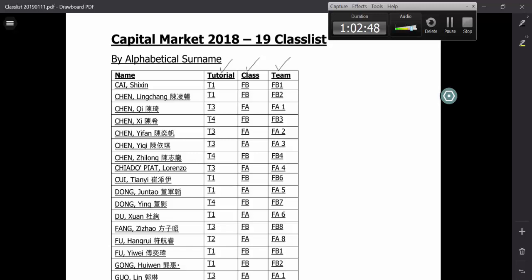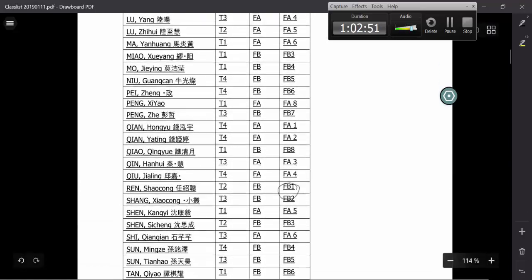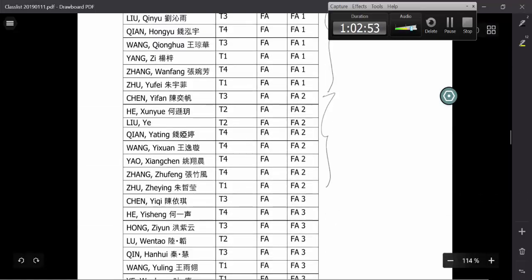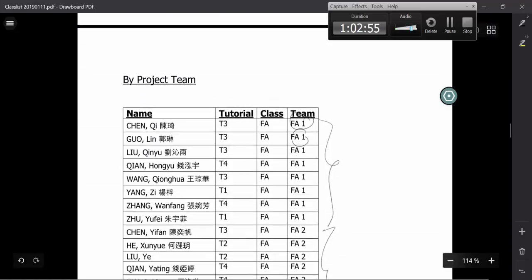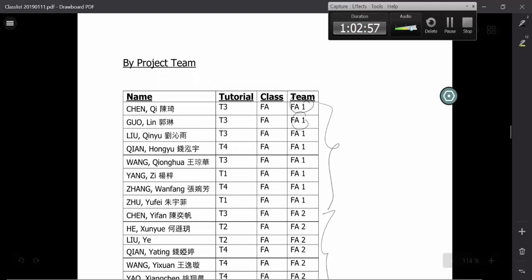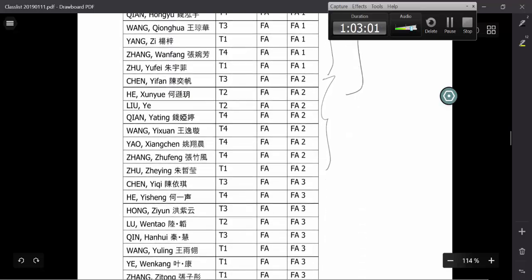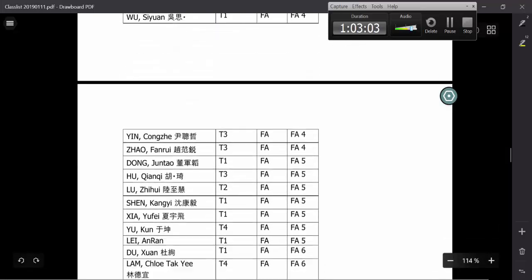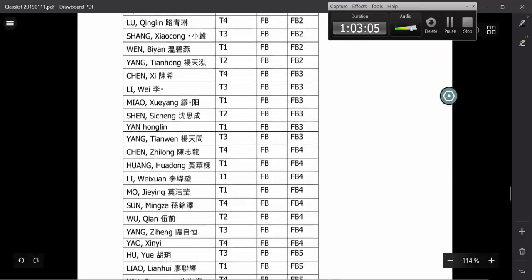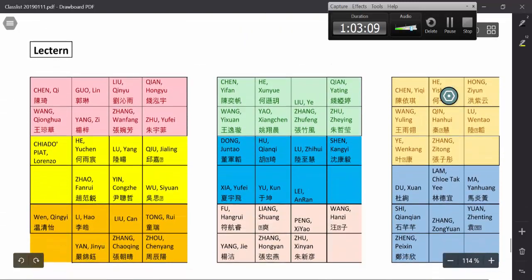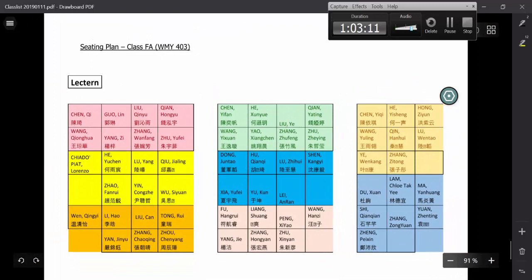So this is by alphabetical. If you scroll forward to page 4, I have resorted it by project team, FA1, FA2, FA3, and if you scroll forward a little bit more, you see the seating plan, right?